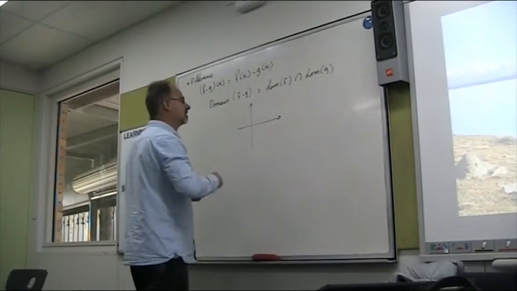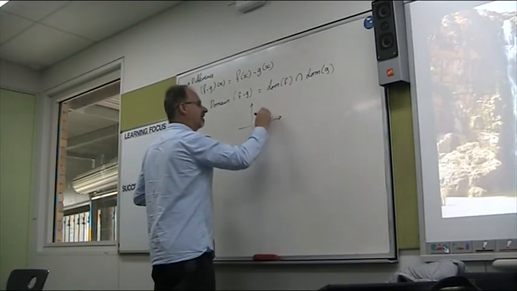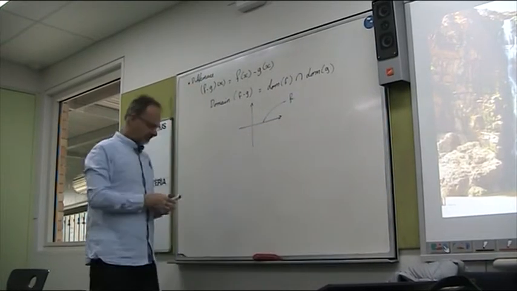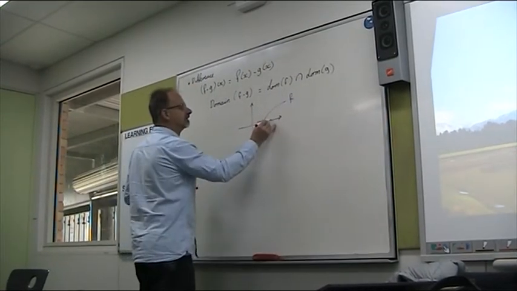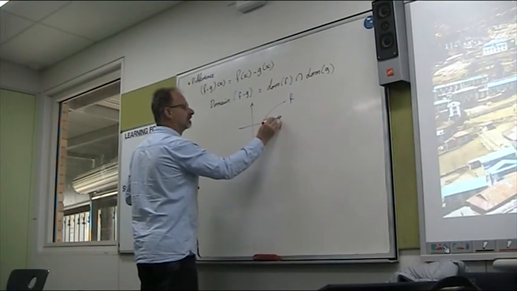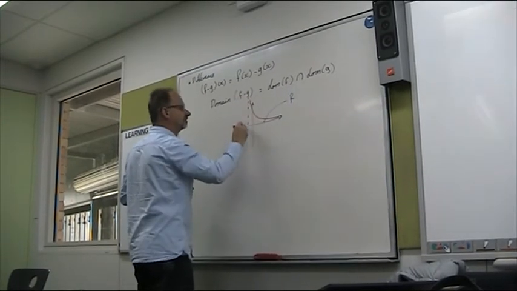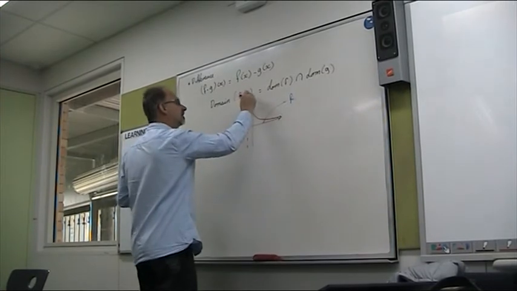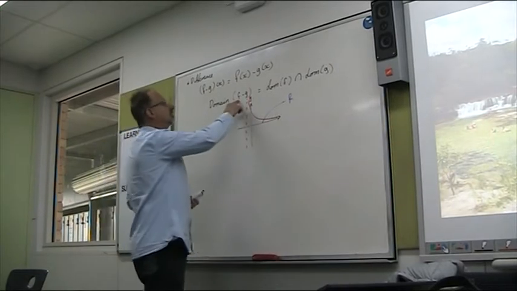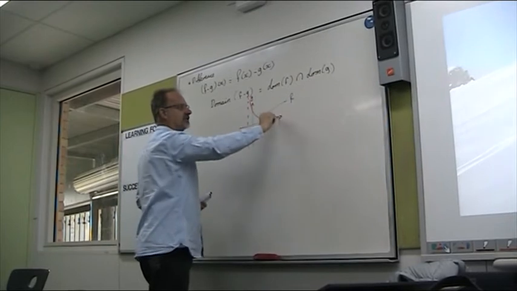So, for example, here's my f, and then I might have g go like that, and then we've got g. And f minus g, so I'm taking f and I'm taking away g from it.